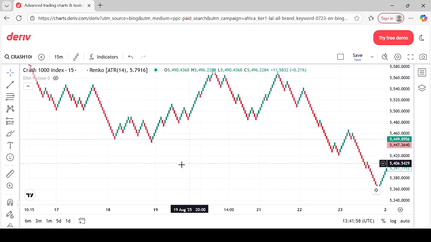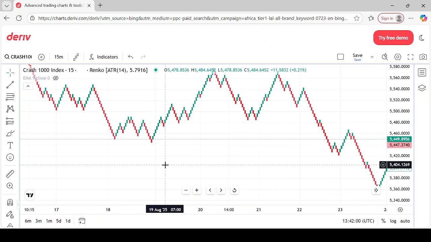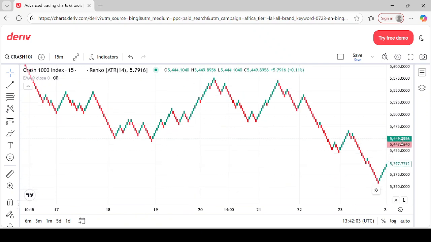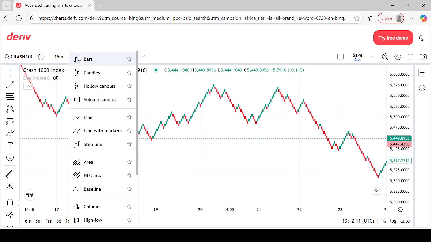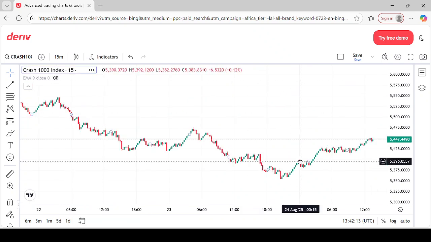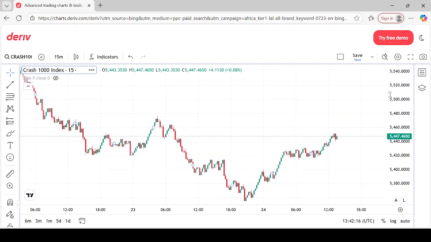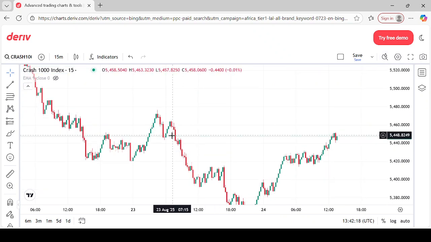They are highly volatile and can only be traded with specific brokers. Now, this is one of the indices. This is the Crash 1000 index. They are very volatile and they can only be traded by a few brokers that we know.